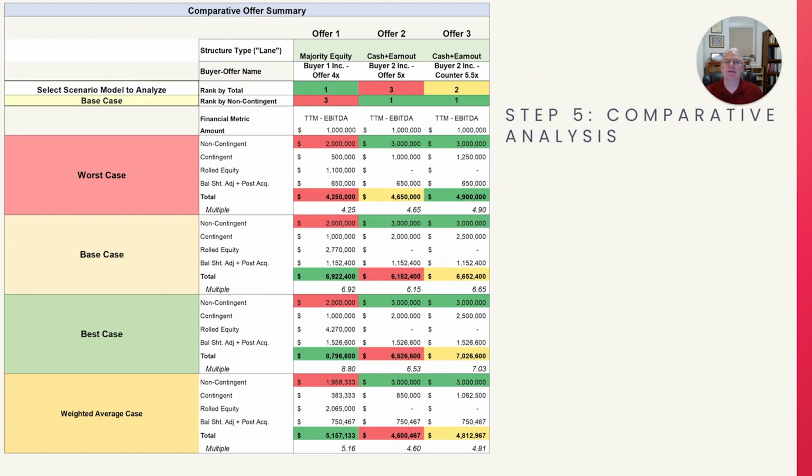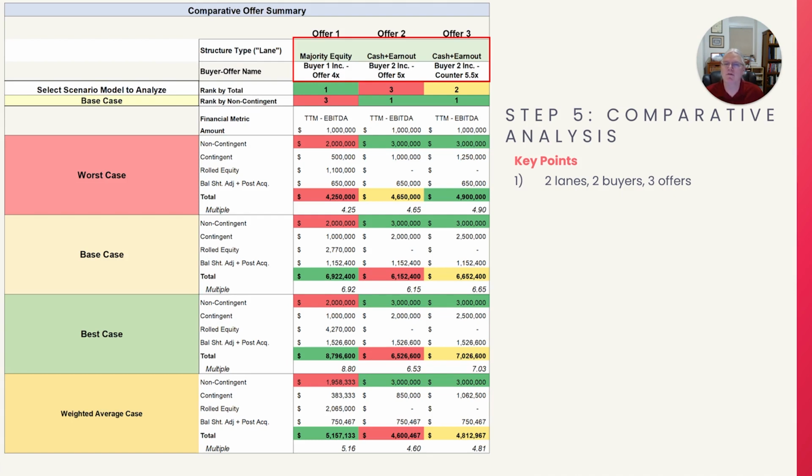The final step is step 5, and this is where it gets kind of fun. You start creating a common analysis of the buyers across one sheet of paper so that you can see them side by side. So, as you can see here in some of the key points, we have two different buyers. We've got a majority equity buyer and a cash plus earnout buyer.